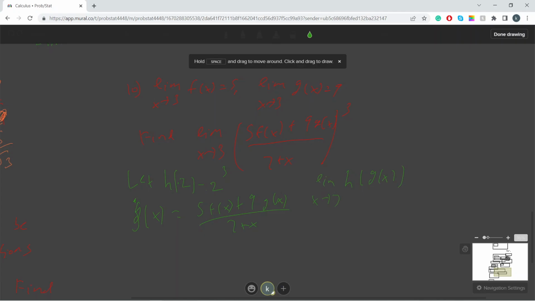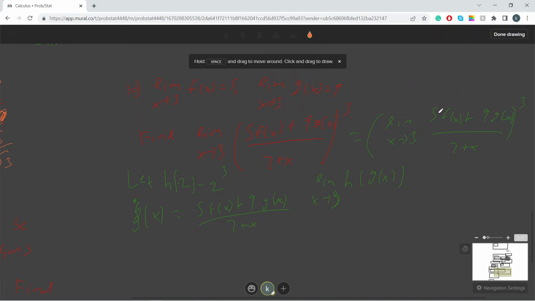So what can we do? We can bring the limit inside. So this limit is equal to the limit as x approaches 3 of 5 f of x plus 9 g of x over 7 plus x, all cubed. And now what do we know?